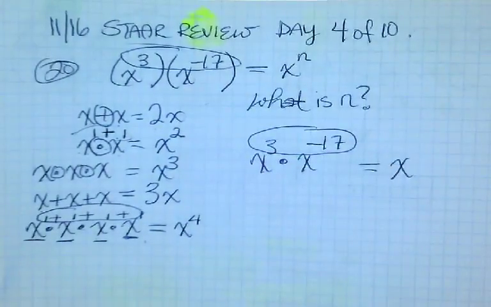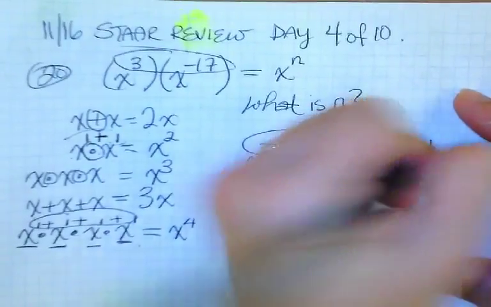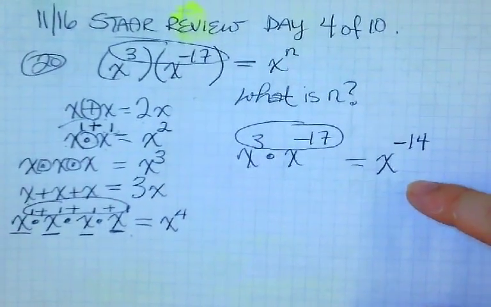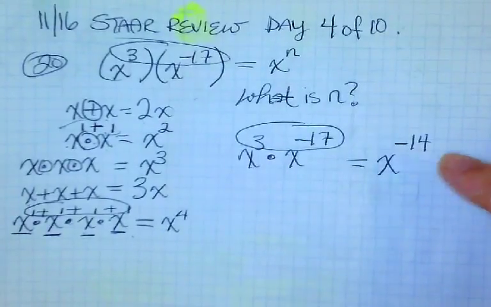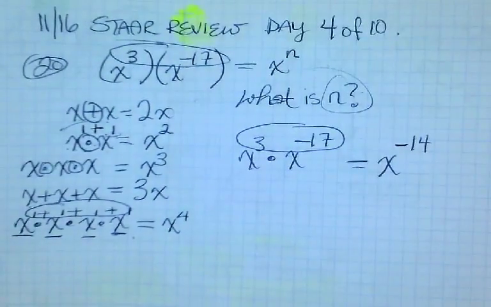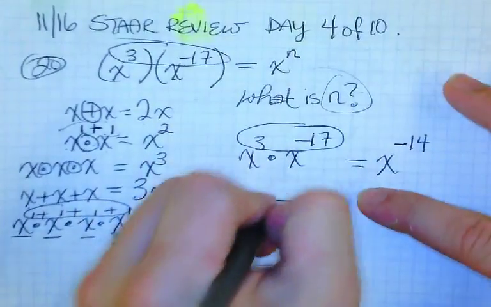What did you get when you did that, John? Negative 14. That's exactly right. So Eric, the final answer though is a little bit trickier. They asked you what is the value of n. So what would you have to answer here? Negative 14, that's right.